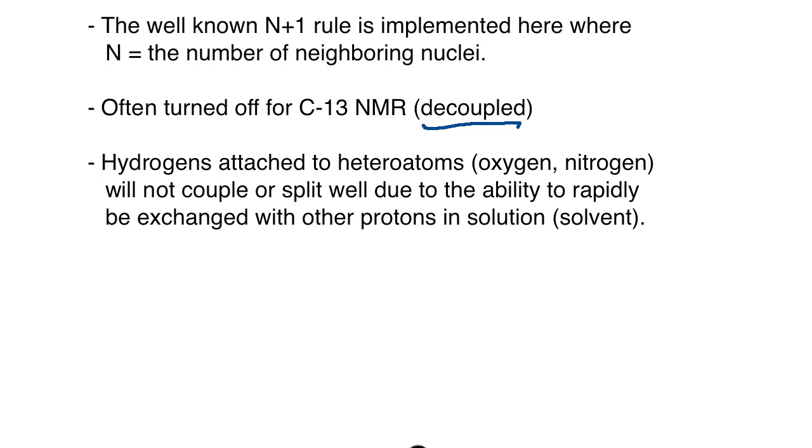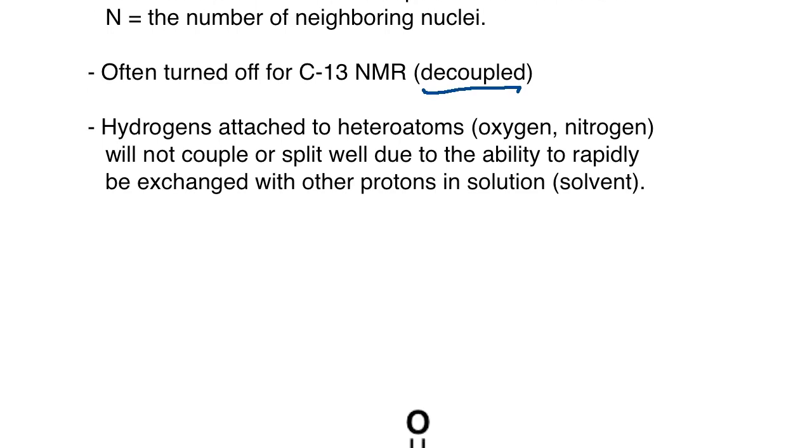That tends to be reserved for the proton NMRs, the hydrogen ones. And hydrogens that are attached to heteroatoms, such as oxygen and nitrogen, will not couple or split well due to the ability to be rapidly exchanged in solution.